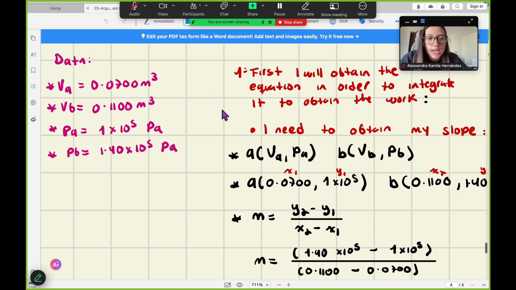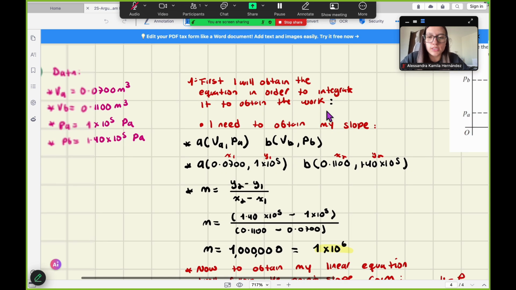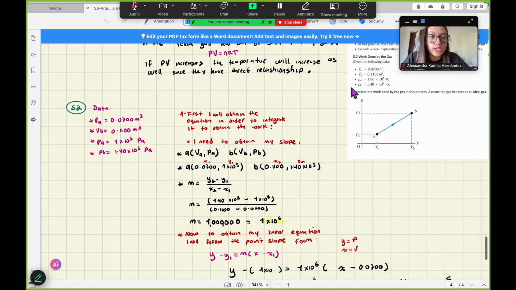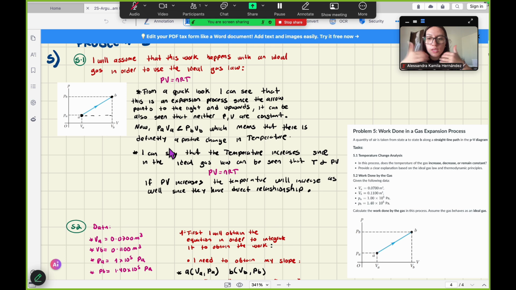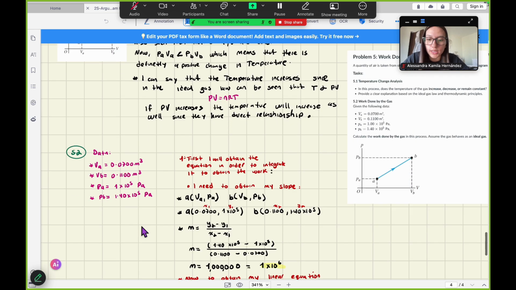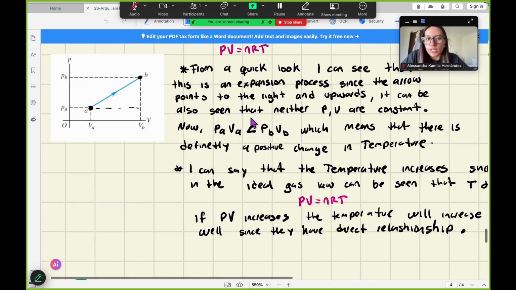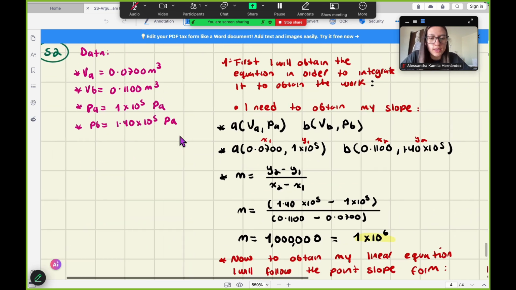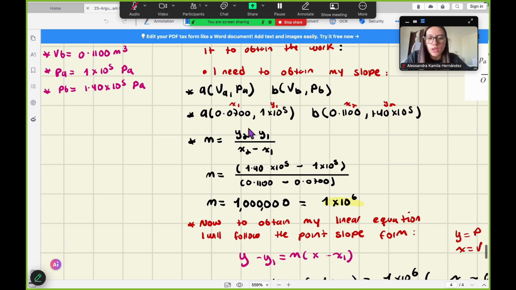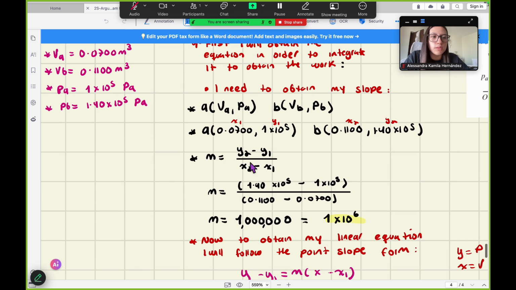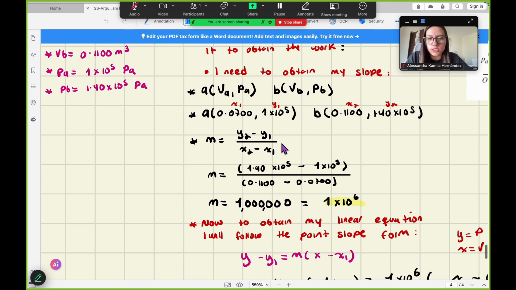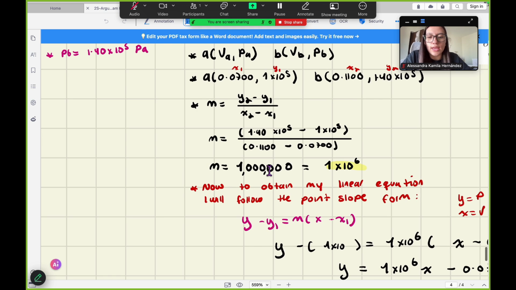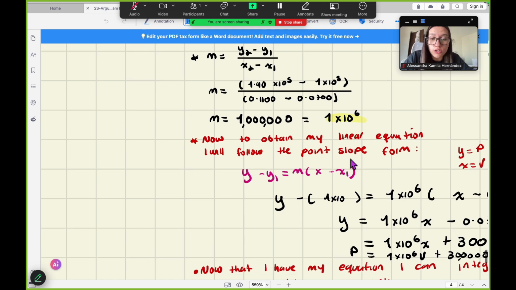Well, I have this data, and first, we need an equation, because we don't know the equation since this is none of the processes that we saw in class. So I have my coordinates of A and B, so I can work with that. I need to obtain my slope, first with the equation of the slope, and at the end I get a slope of 1 million.